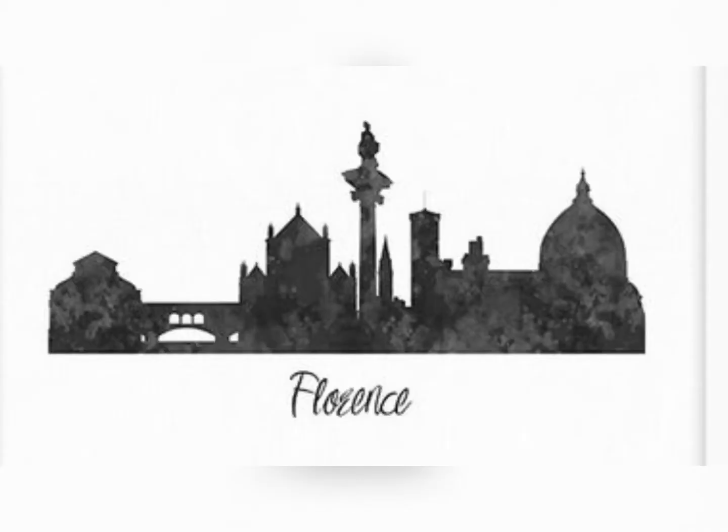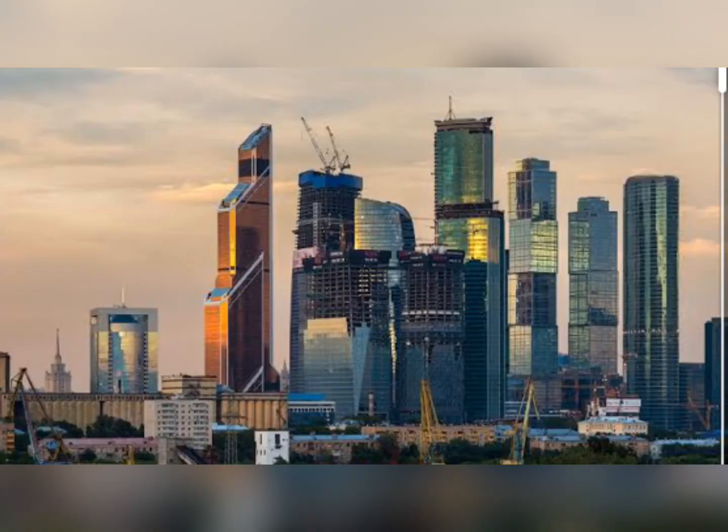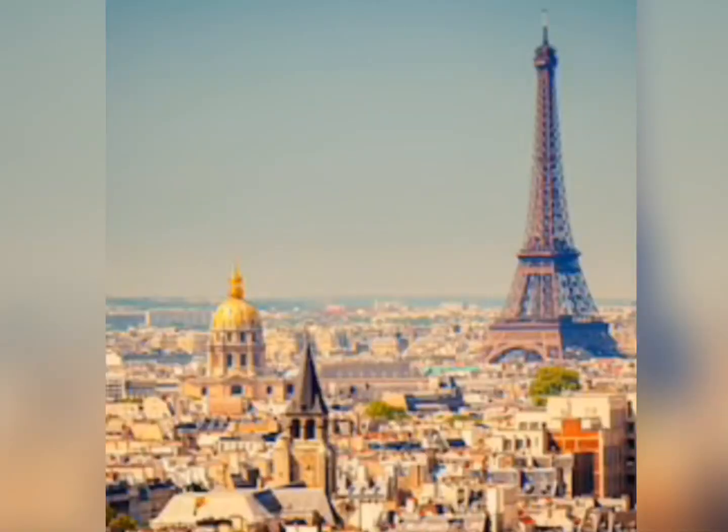This one's a silhouette, which means it's just like a shadow of a cityscape. It's from Florence in Italy. Can you see the dome shape, the curvy shape? Here's some more buildings from the city, and you can see that some are behind each other. I wonder if you know where this one's taken from.